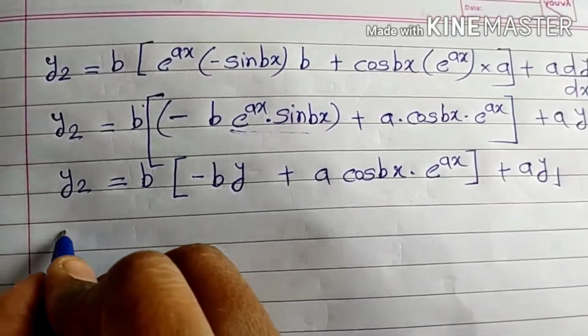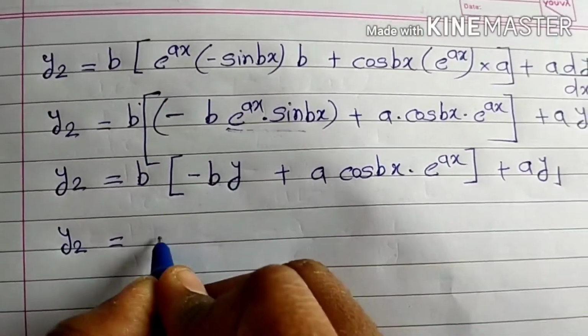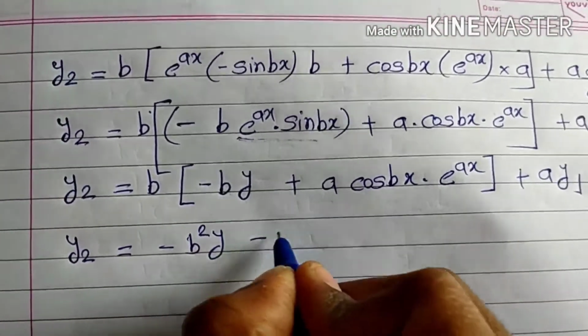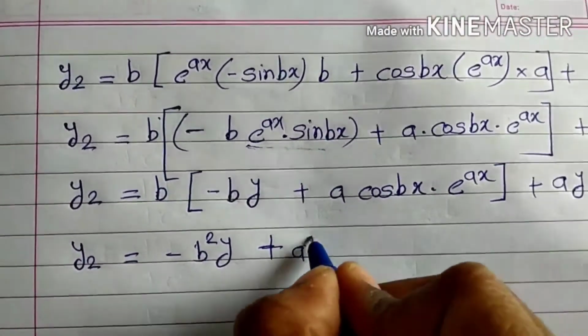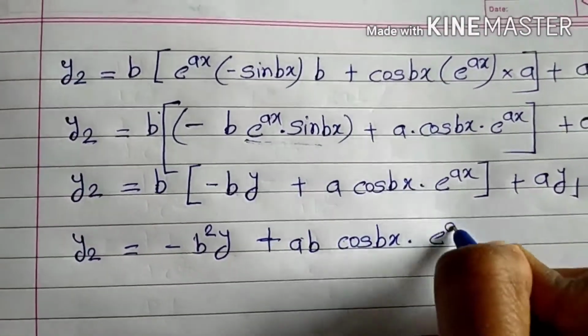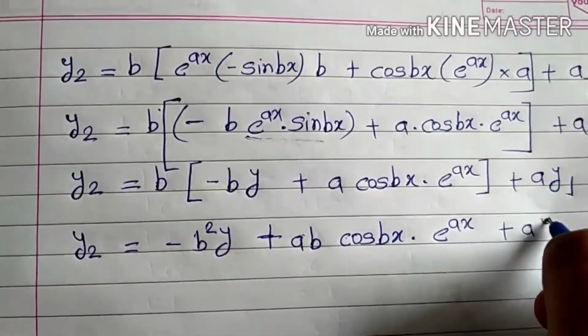Now multiply these terms, so y2 is equal to minus b square y plus ab cos bx into e raised to ax plus ay1.